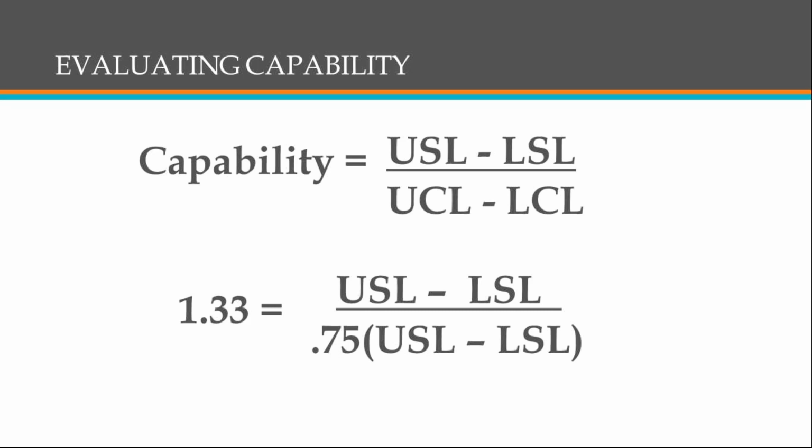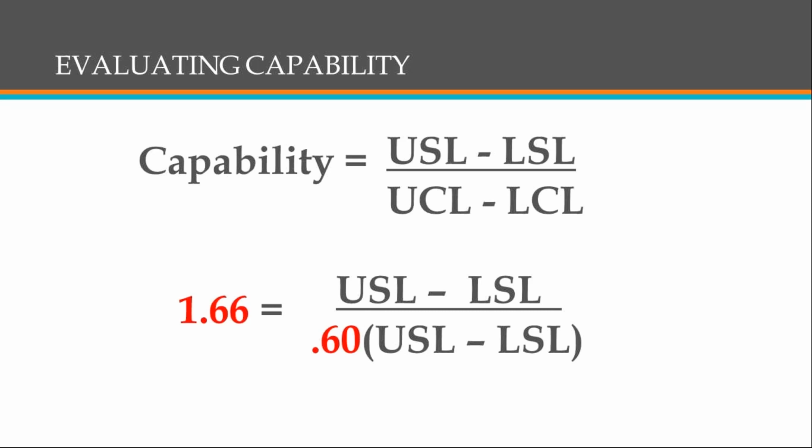So if you set your control limits at 75% of your specification, you will get a capability of 1.33. Now remember, Cpk, Ppk, Cp, and Pp are all relative back to the normal distribution, so we don't call it that, but this is the true process capability for the uniform distribution.